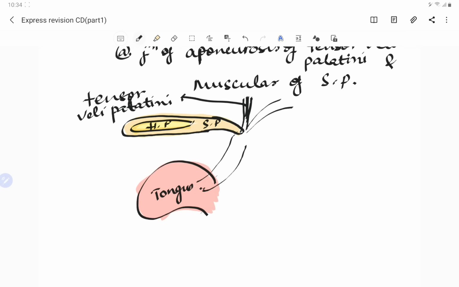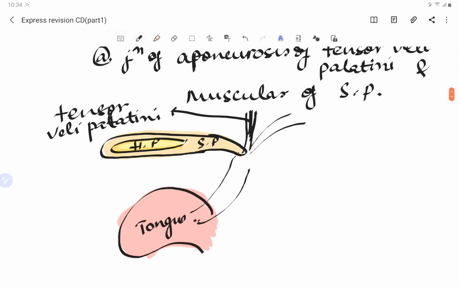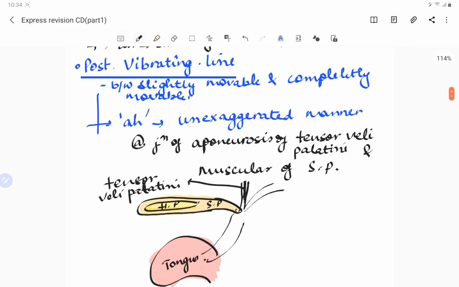So the tensor veli palatini, which is arising from the eustachian tube from the base of the skull, attaching the soft palate, marks the posterior vibrating line.